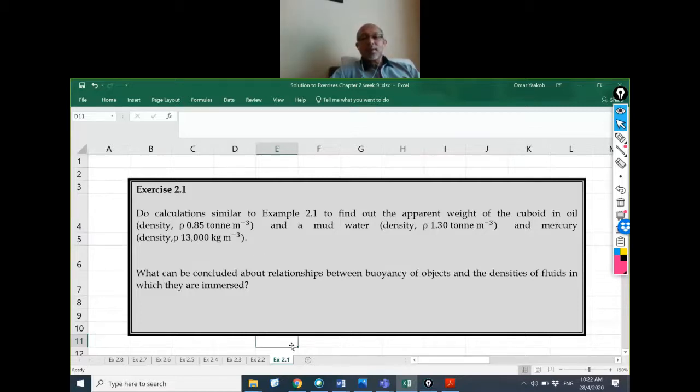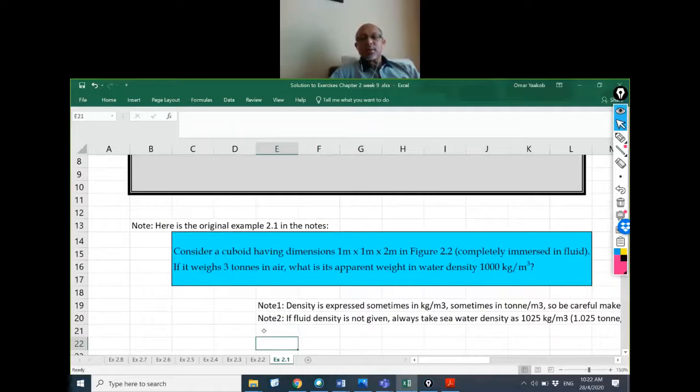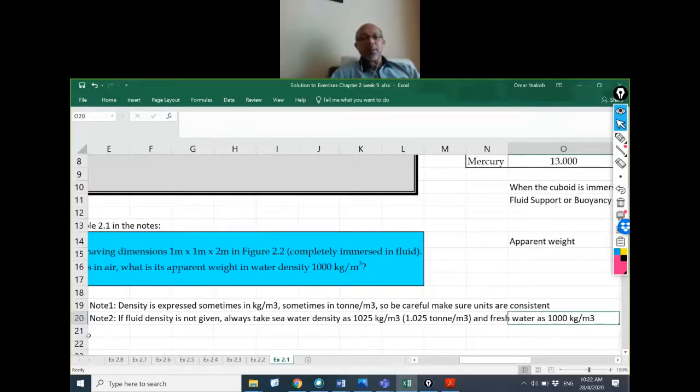Okay, so this is the original example 2.1 in the notes. The calculation has been shown in the notes. Yeah, the blue one. I put 2 notes here. Density is sometimes expressed in kilogram per meter cube, sometimes in ton per meter cube.